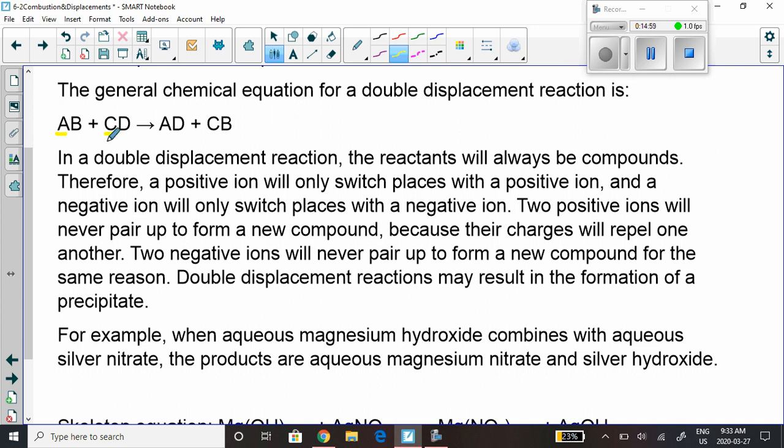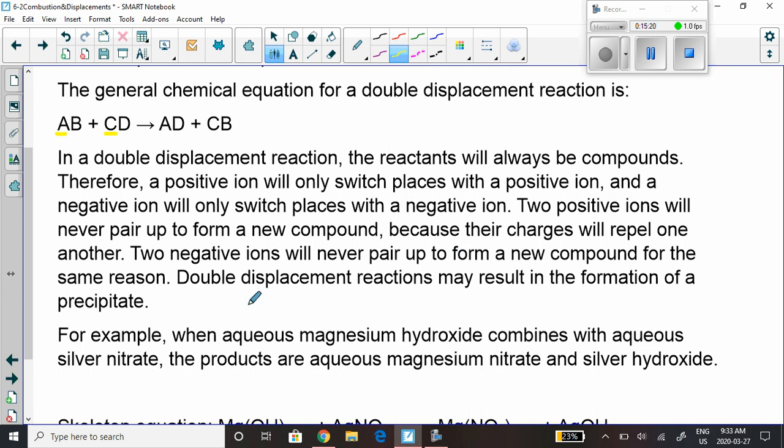So what does that mean? It means you could never, on the product side, get a compound AC. They're both metals. They both want to give up electrons during a chemical reaction. Won't work. Okay? So that blocks that from happening. The two negative ions will never pair up to form a new compound for the same reason.